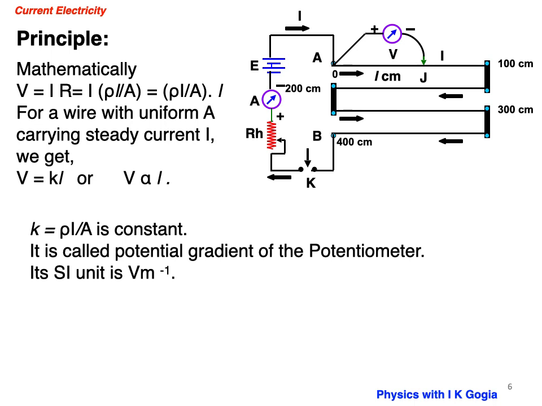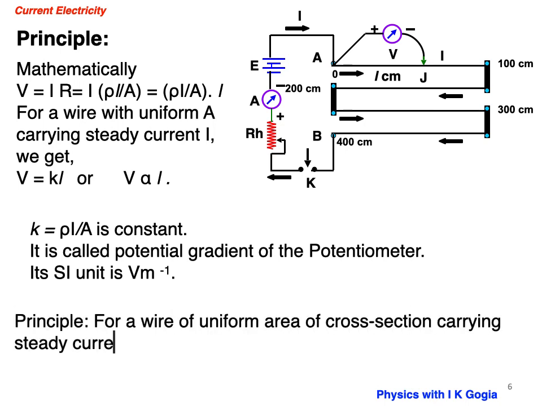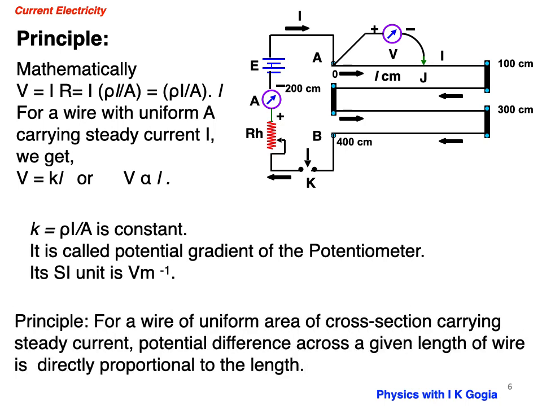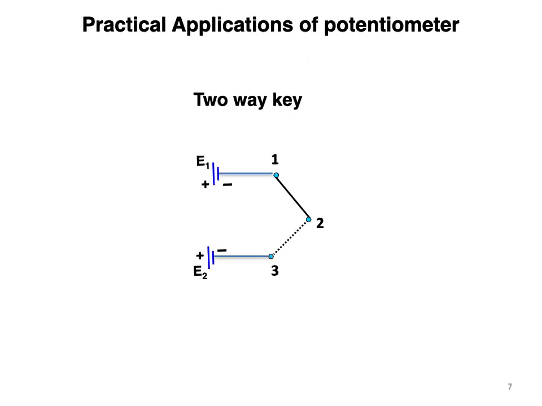Longer the wire, smaller the value of K, and better is the sensitivity of the potentiometer. The principle has been stated once again. You can see. Now, practical applications of the potentiometer.